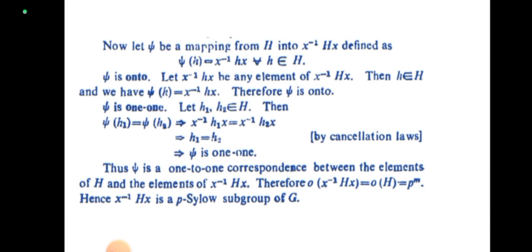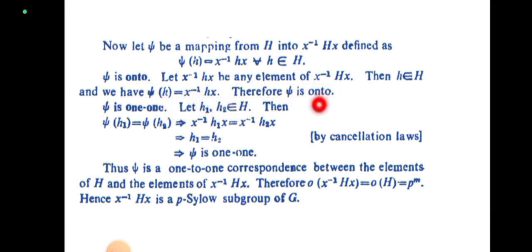Now let psi be a mapping from H into x inverse Hx, defined as psi(h) is equal to x inverse hx for every h belonging to H. Now, to prove psi is onto, let x inverse hx be any element of x inverse Hx, then h belongs to H. And we have psi(h) is equal to x inverse hx.